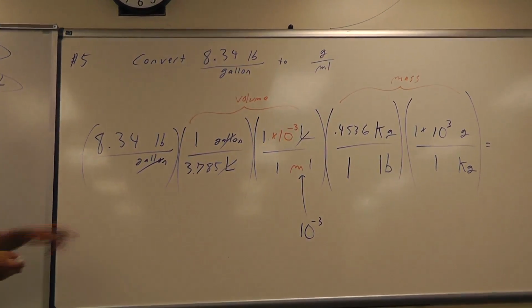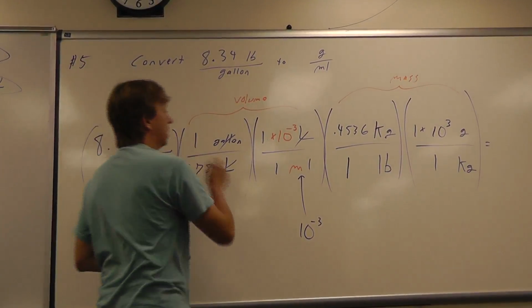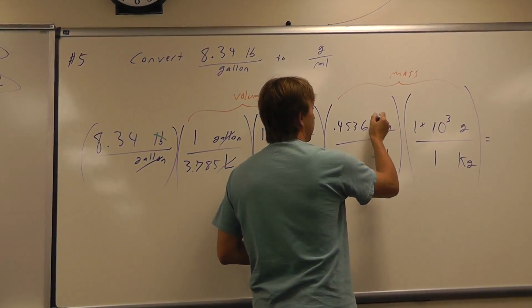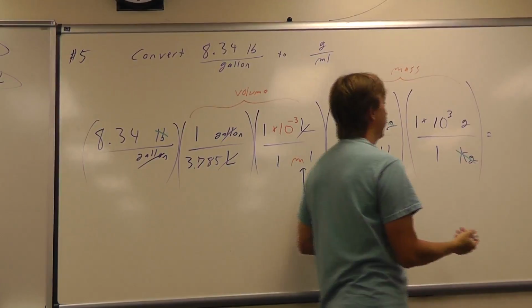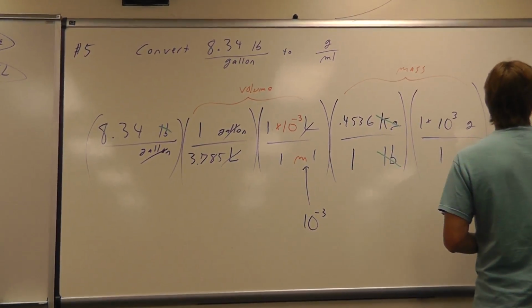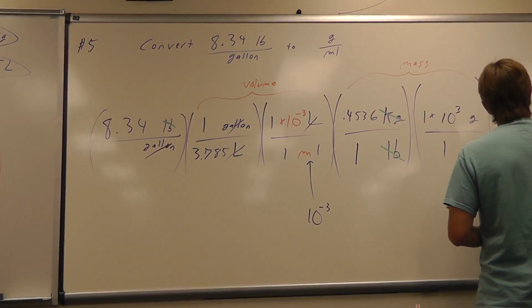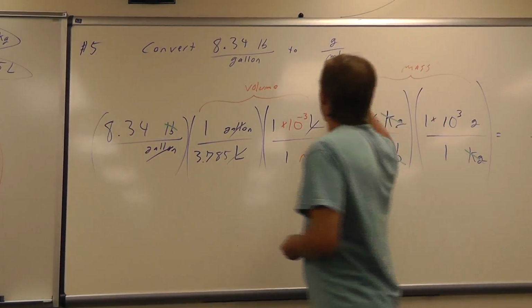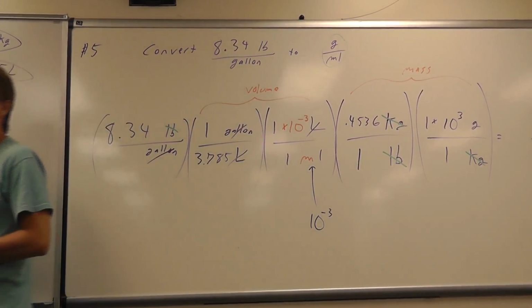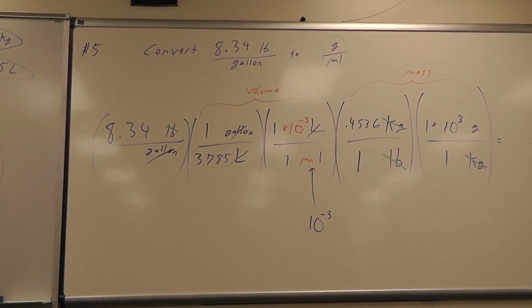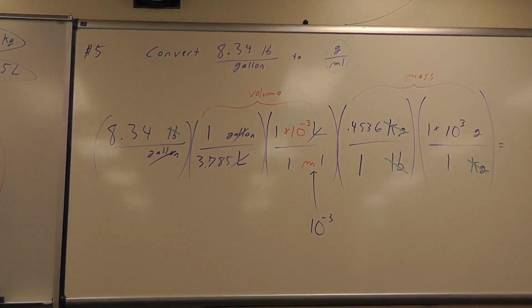Now that works out the units because this is pounds on top, cancels with pounds on bottom, kilograms on top, cancels kilograms on bottom. The only unit left on top is grams. The only unit left on bottom is milliliters. That's where we want to go. And then you do the numbers.